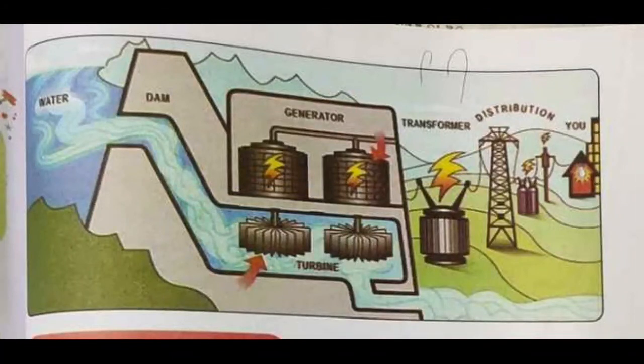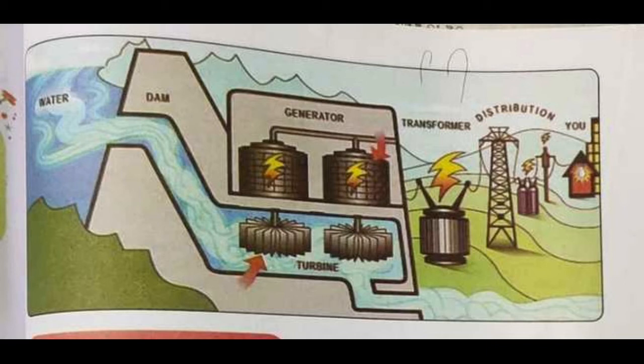Children, look at this picture, pause the video and observe it. Here, water in the dam is at rest. So, water has potential energy. When water is allowed to fall from a very high level, the potential energy of water is converted into kinetic energy.